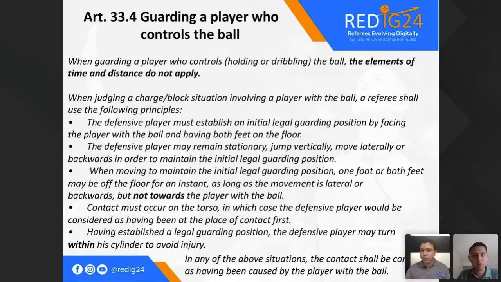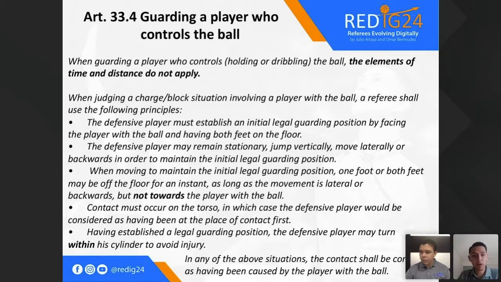Based on the rule, when guarding a player who controls the ball, the elements of time and distance do not apply. When judging a charge-block situation involving a player with the ball, a referee shall use the following principles.